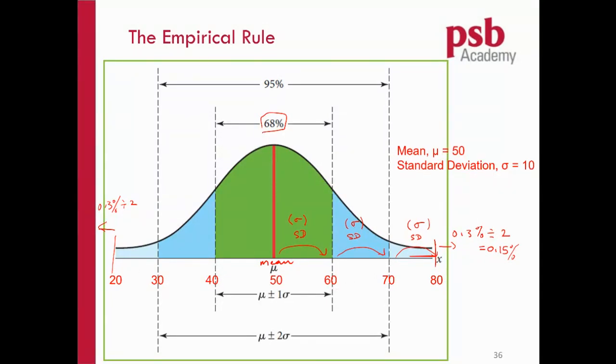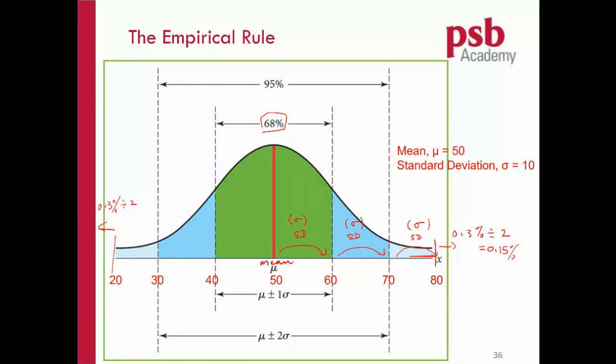Right. So this percentage will also say there are 68% of the data points which fall between 40 and 60. Or another way: if you were to pick any number randomly from this data set, you have a 68% chance of getting a number which is between 40 and 60.